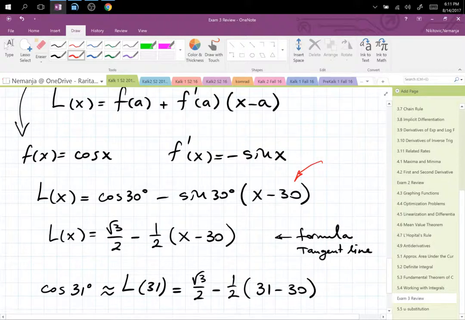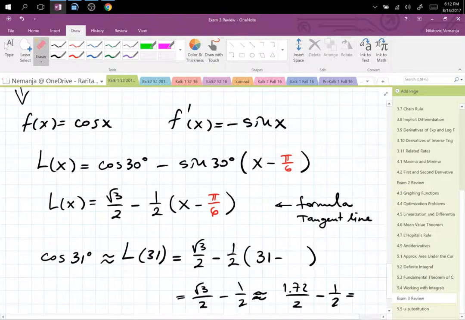A is 30, but this needs radians. I cannot plug in 30 there. I just noticed that. That's the mistake. So this 30 cannot be 30. This 30 has to be in radians, and that is pi over 6. So this is 30, which is pi over 6.